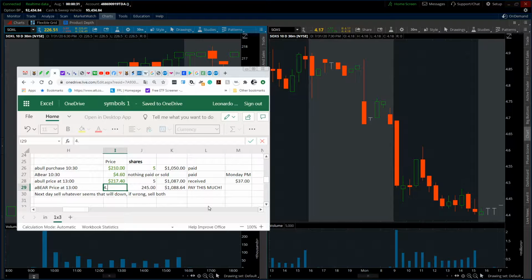No, that was today, earlier. No, actually, that was a different stock. It was not SOXS. It was something else. So it says to buy 247, and it's gonna be $1,089. I mean, if you don't have this much, you have to buy 4 shares. And I made $37 more.